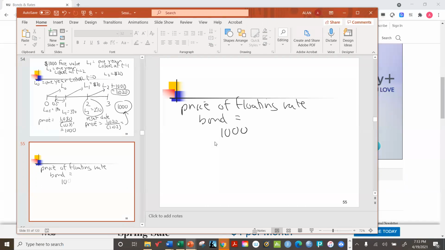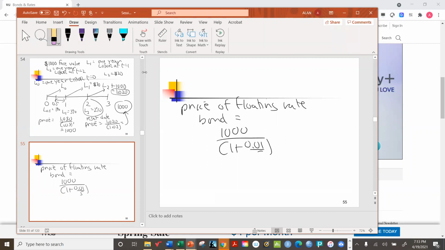I'd have 1,000 divided by 1 plus half of 1%, divided by 2, because I know that this payment will take place in 6 months rather than 1 year. And so the price of the floating rate bond would be $995.02, because I know that it will be worth $1,000 at time 1.